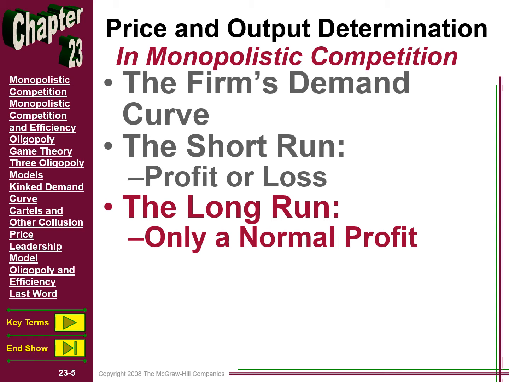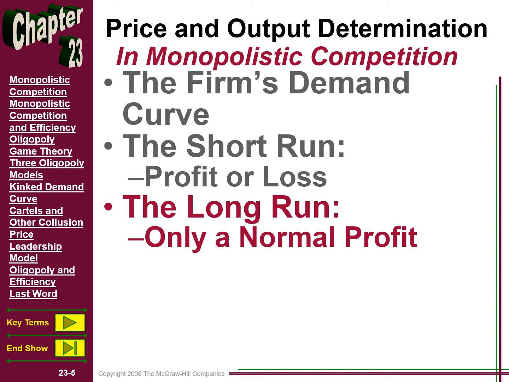Then we'll talk about how, in the short run, a firm operating in an industry which is monopolistic competition could earn short-run profits, could suffer short-run losses. And then we will discuss in some detail what economists would expect to happen in the long run in an industry where there are a large number of firms. Each firm controls only a small market share.